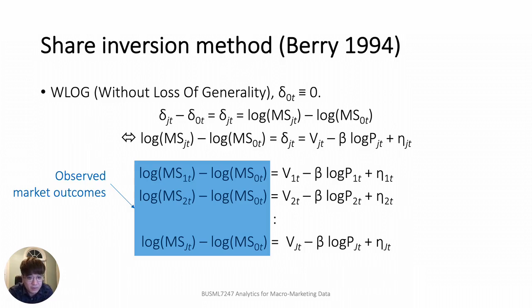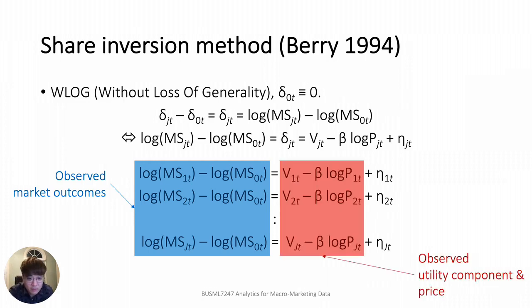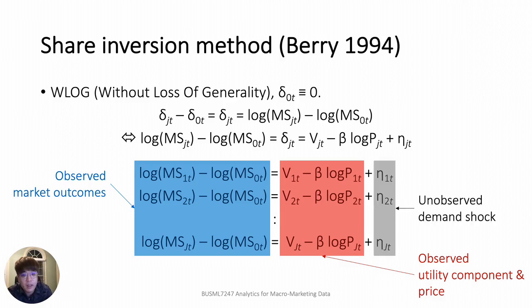The left-hand side of equations is the log difference of observed market outcomes, that is market shares. The first part of the right-hand side of equations is the observed utility component and price term. And the remaining part of the right-hand side is the unobserved demand shock, which will be regarded as an error.